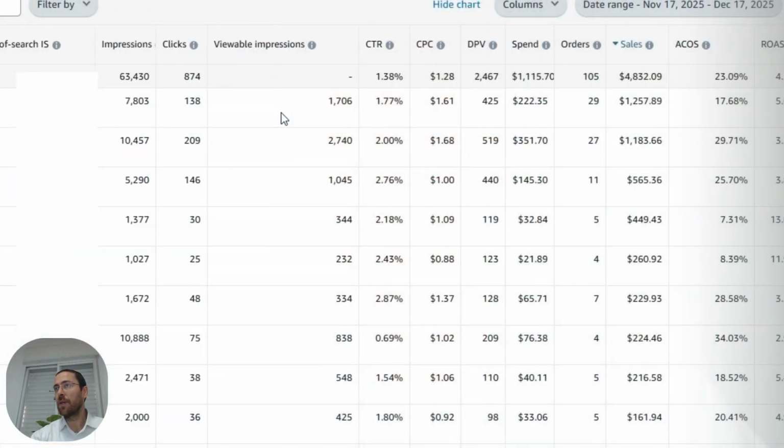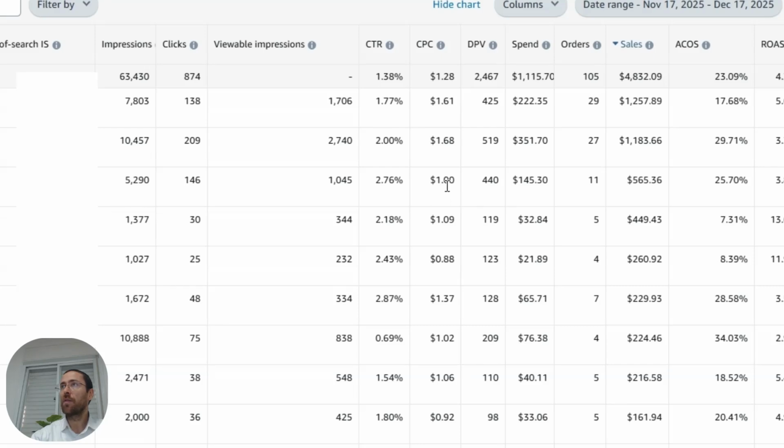I need to look at the targets generating the bulk of the business. So this one over here is around 17.7% ACOS, this is 29, this is 23. So in the first place anyway, it looks like this needs to be lowered, and this we already lowered.